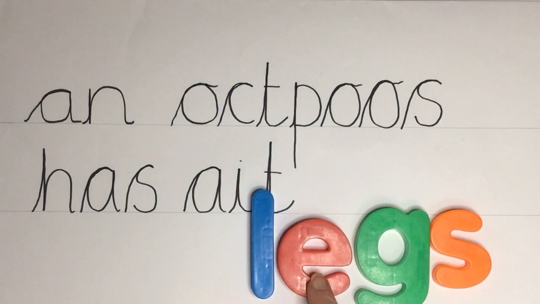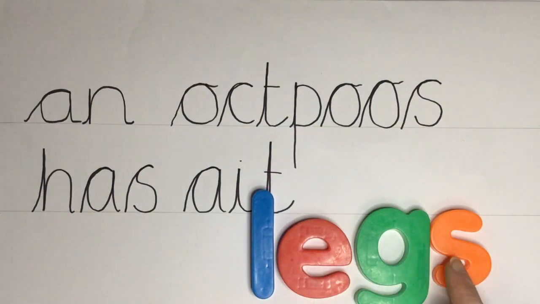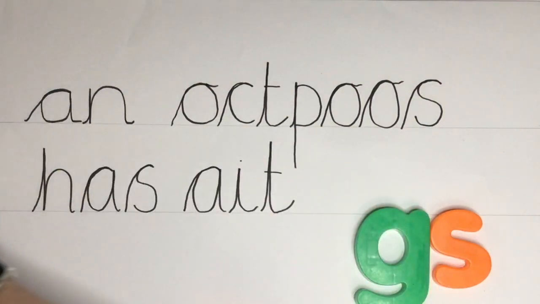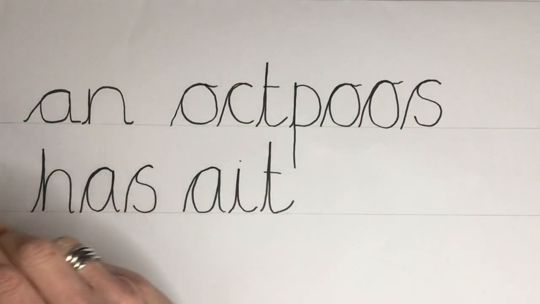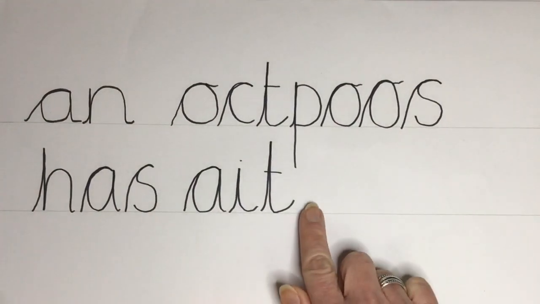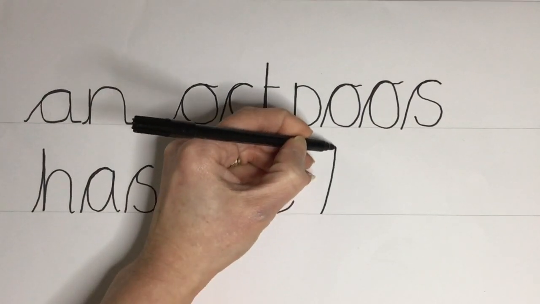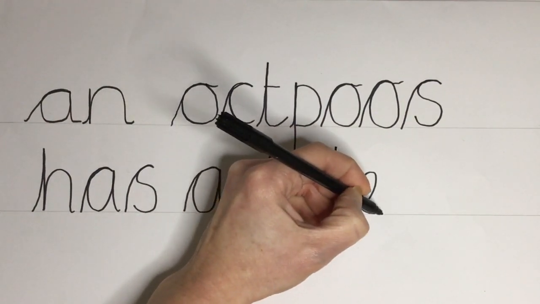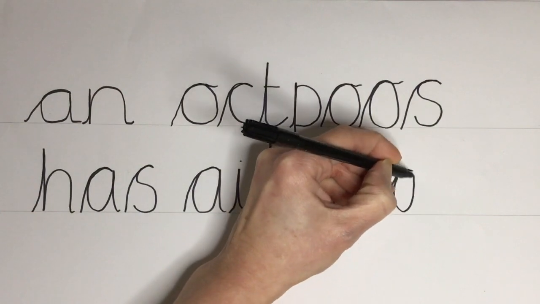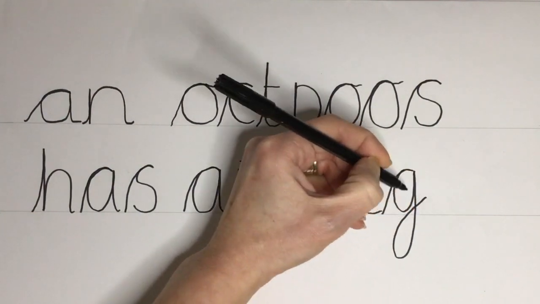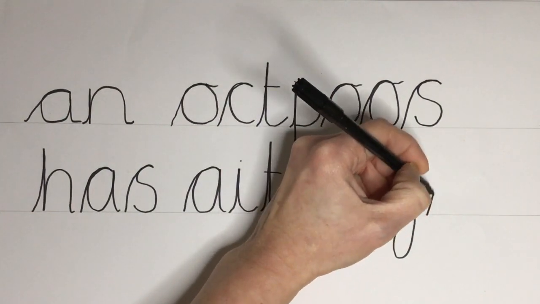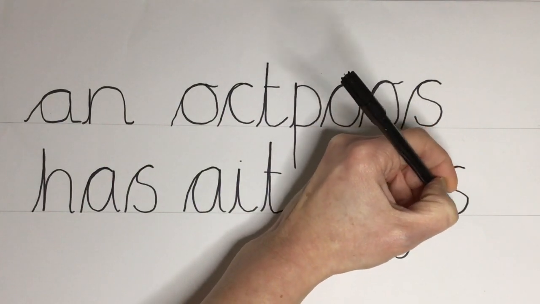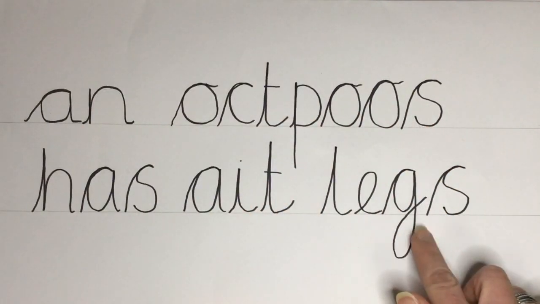So it's L, E, G, S, legs. Let's move them out the way. They've helped us for a moment to see what it looks like. Finger space. And we've got L, E, G, and S.